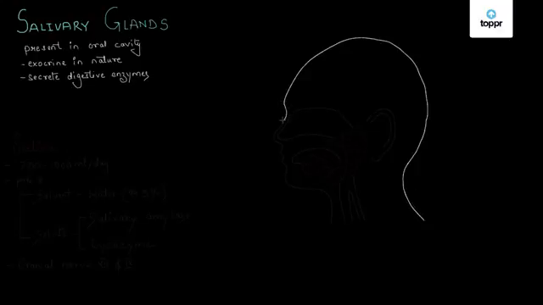Let's find out what these locations are. Now let's see the nasal cavity. This one is the nasal cavity in here. Ears. Okay, next we are going to see the oral cavity, which is this.